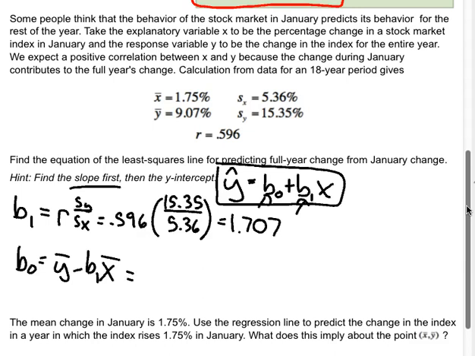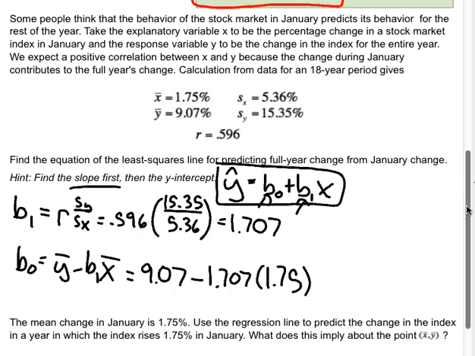And again, this is why it's so important that you calculate slope first, because you obviously need slope in this calculation. So the mean of y is 9.07 minus the slope, which is 1.707, times the mean of x, 1.75.